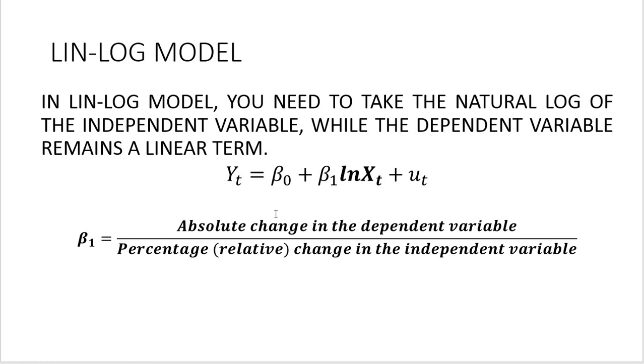What is the absolute change in the dependent variable reflecting relative change in the independent variable? If y stands for the volume of international trade and x stands for geographic distance between two countries, then beta 1 will tell you by how many US dollars y will change if x increases by 1%.